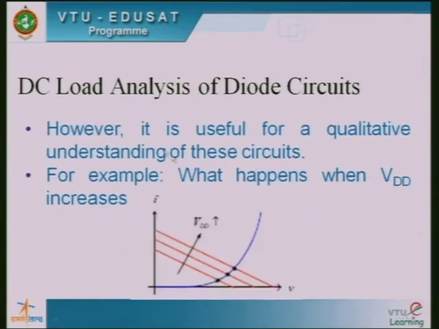However, this graphical analysis is useful for qualitative understanding of the circuit. That means, what happens when VDD increases? Friends, you can see here the blue line is the VI characteristics of the diode, whereas the red line is the load line, having a slope of 1 by R. Whenever VDD increases, the operating point, that is the intersection point, also increases.